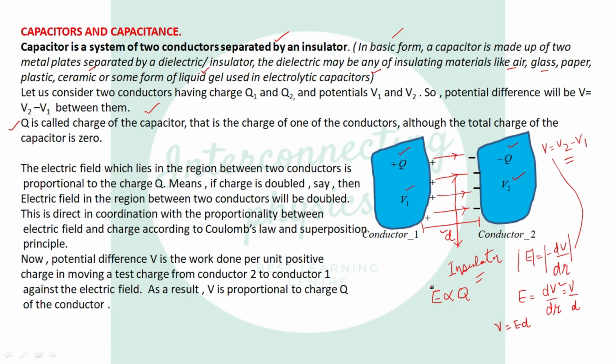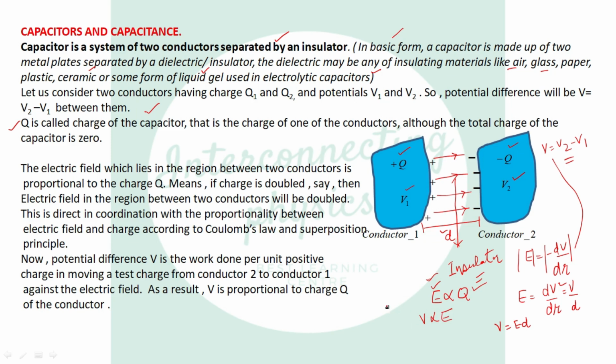If E is directly proportional to charge, meaning if charge is doubled or tripled, then the electric field changes accordingly. Then V is equal to Ed, that is, V is directly proportional to E.